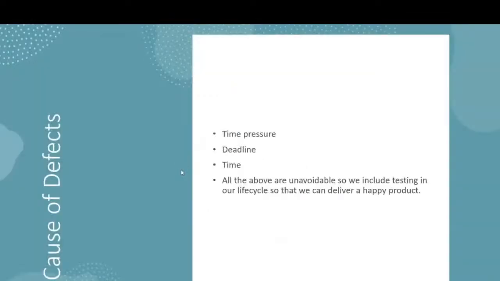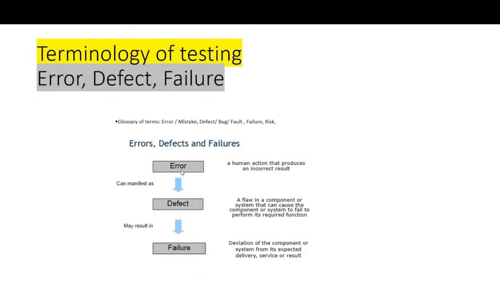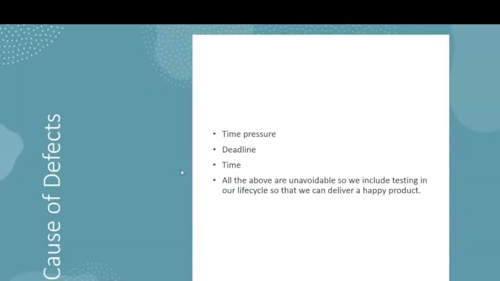There might be different reasons for defects to be caused, so we'll see some of the causes of defects. It might be time pressure. When I give my requirement, I might tell the developer I want this product in one day or two days, which is highly impossible for the developer.